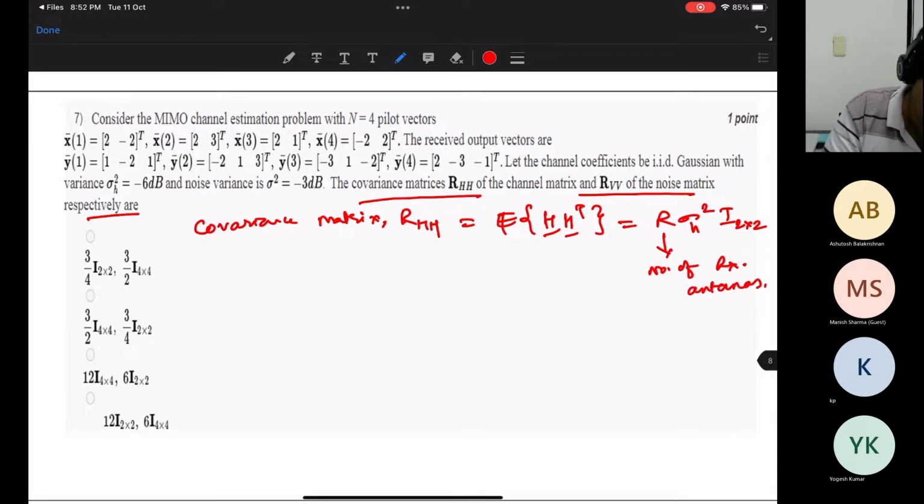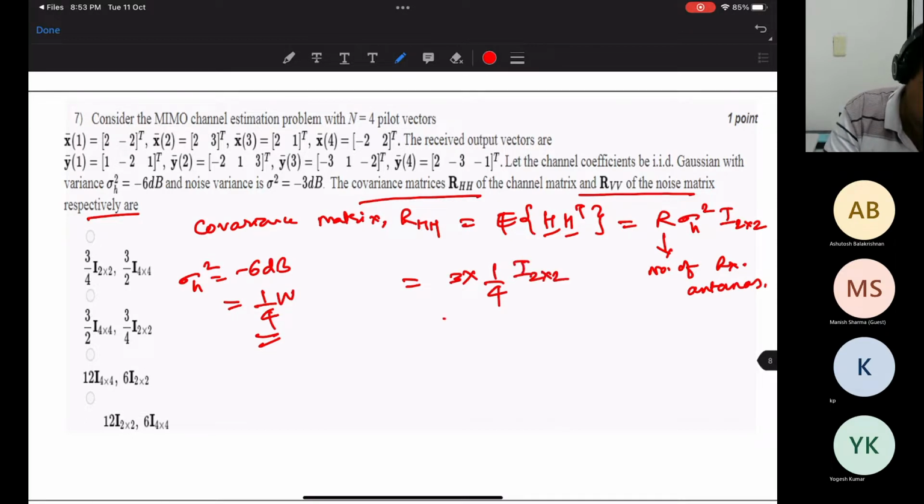If you solve this, it becomes 3 times sigma H square, which is minus 6 dB, basically 1 by 4 in watts. So this is 3 times 1 by 4 times I 2 by 2. This is my RHH.